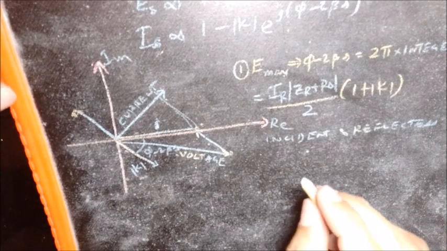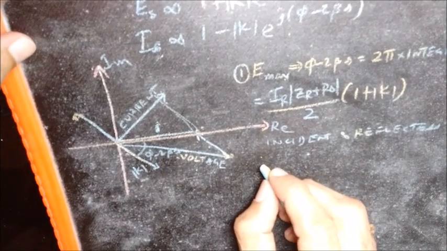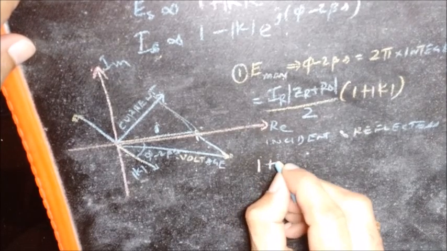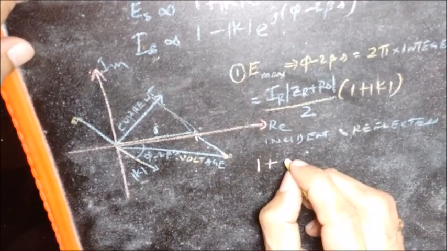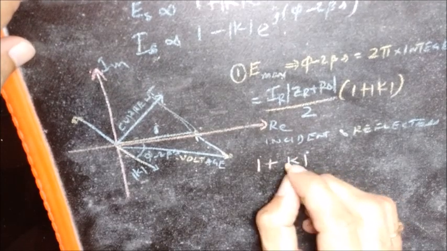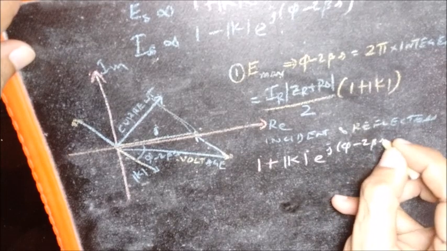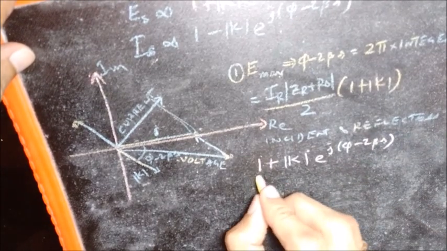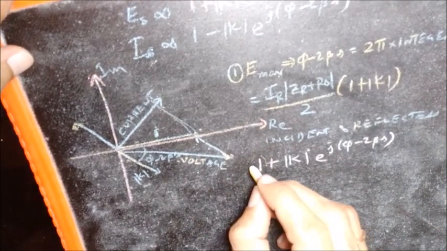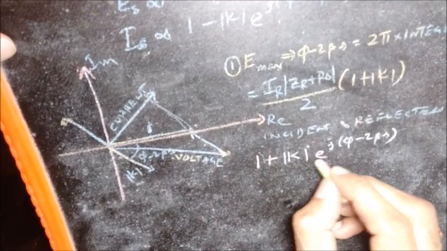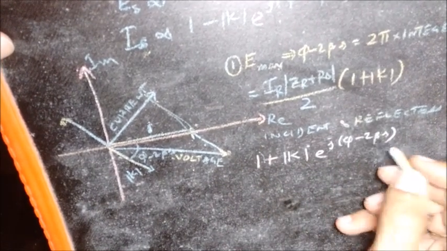And if you look at the expression for E_S, the expression wherein we drop the other terms, you can see that this represents the incident wave. If you put the e raised to j beta s here, you will have |k| e raised to j (phi minus beta s).